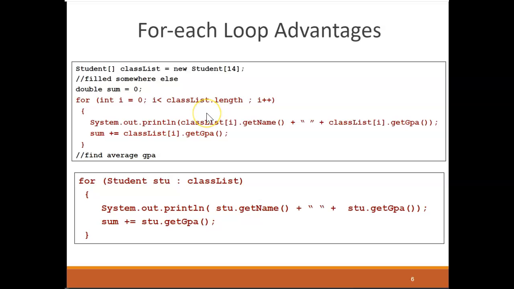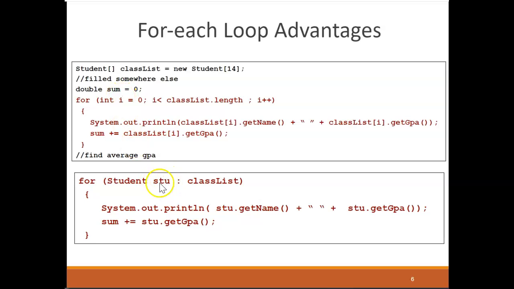So if I'm just printing stuff out, a for each loop is a lot less to type. Instead of doing sum plus equals class list bracket i dot getGPA, I could just do sum plus equals stu dot getGPA. And it doesn't really matter what this variable is called, just like it doesn't really matter if you use i or j or x, because this is just a local variable that you decide on.